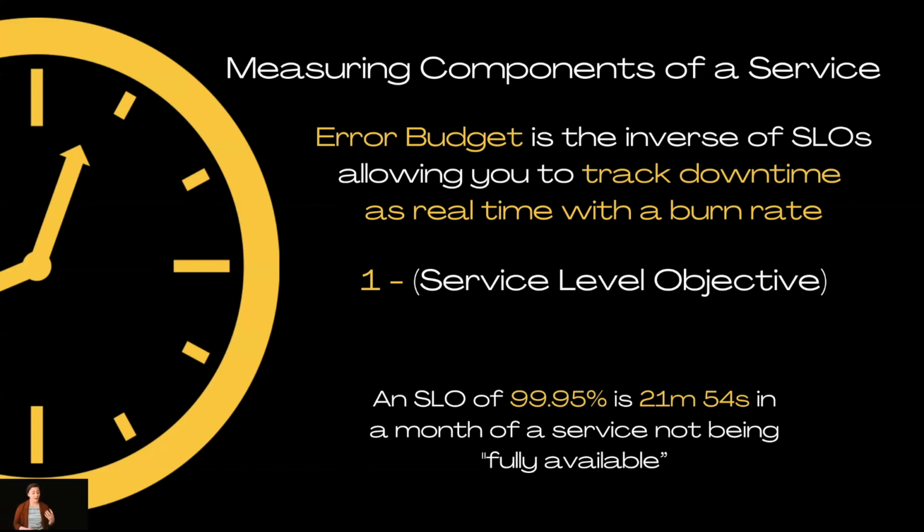So if I have an SLO of 99.95, my error budget for that, and the thing that I can see running down in time over the course of a month, is that I have 21 minutes and 54 seconds in 28 calendar days of that service not being fully available before we've defined it as being a problem.